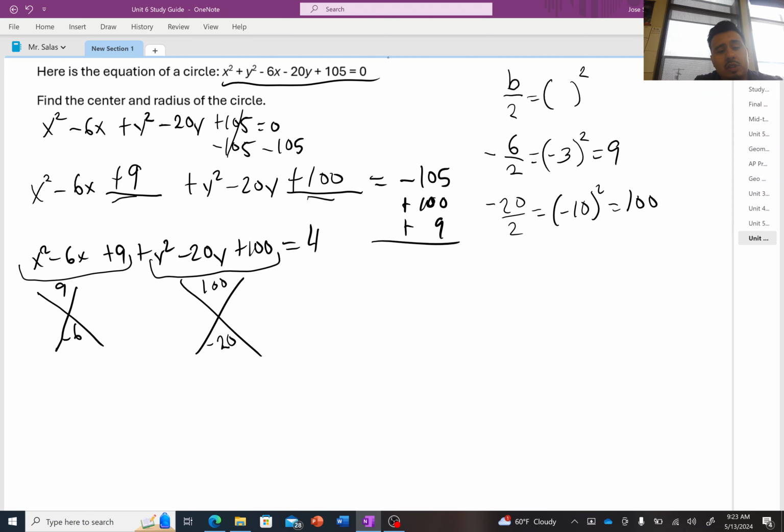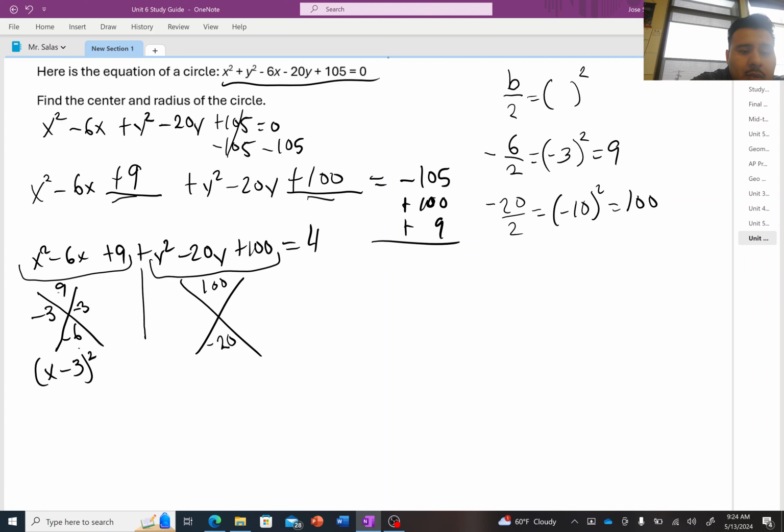I'm going to ask myself: what two numbers when multiplied give me 9, but when added give me negative 6? 3 times 3 gives me 9, but 3 plus 3 does not give me negative 6. If I make them both negative, negative 3 times negative 3 gives me positive 9, and negative 3 plus negative 3 gives me negative 6. So that works. This is going to be x minus 3 squared.